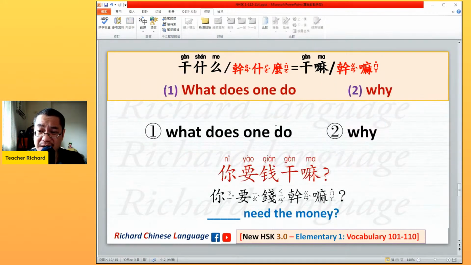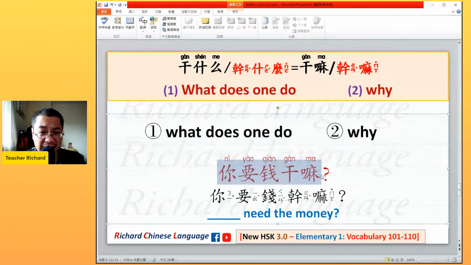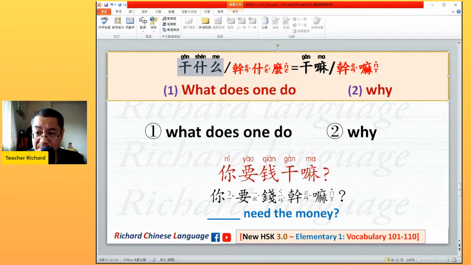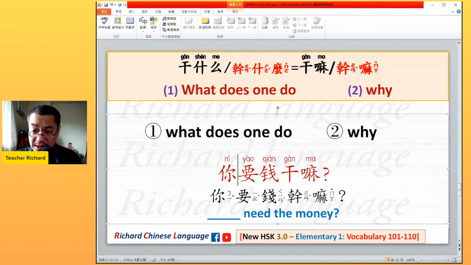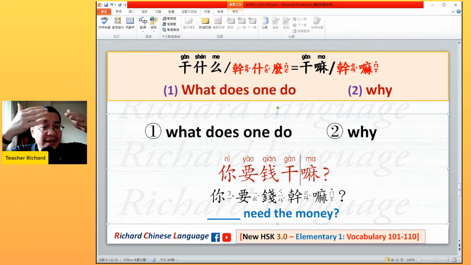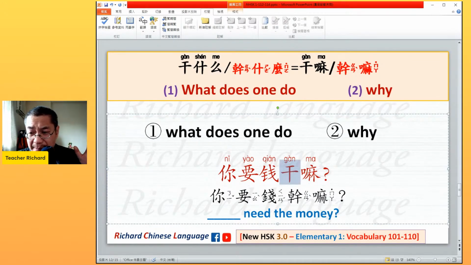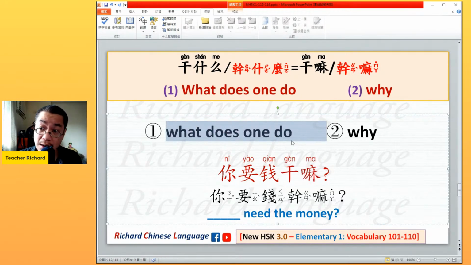So let's see the second quiz. 你要钱干嘛? Or you can say 你要钱干什么? Okay, because 干什么 also means 干嘛. They have the same meaning. But what's the exact meaning in this sentence? You need to think about it by the context, or by the meaning of the sentence. So here, 干嘛, or you can say 干什么, means what does one do, or why?